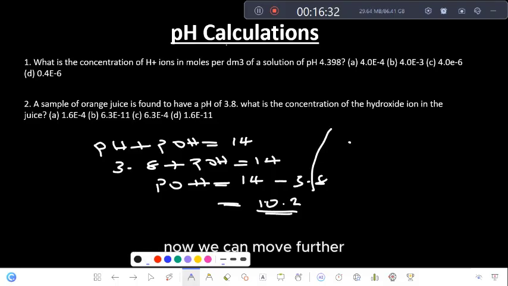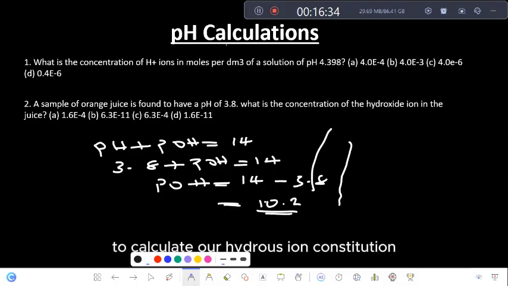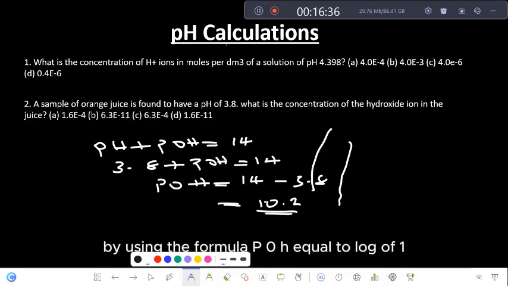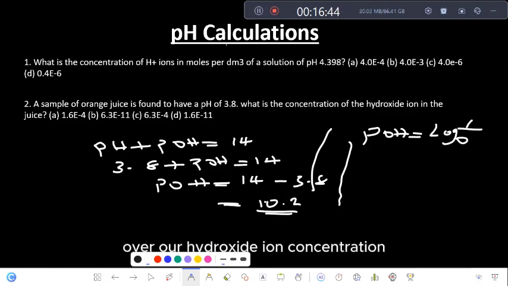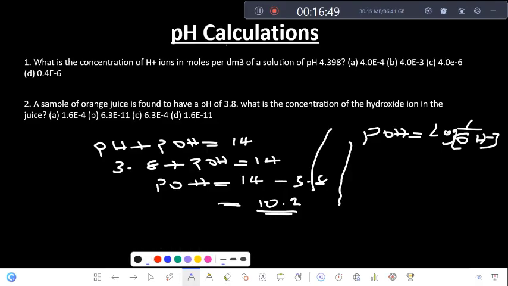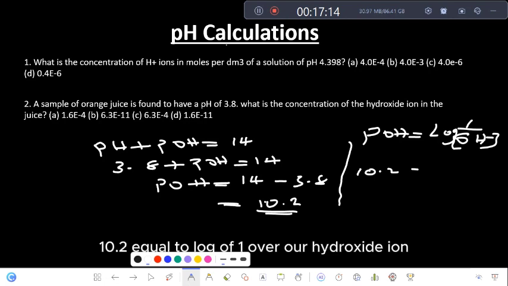Now we can move further to calculate our hydroxide ion concentration by using the formula pOH equal to log of 1 all over our hydroxide ion concentration. We'll have 10.2 equal to log of 1 all over our hydroxide ion.